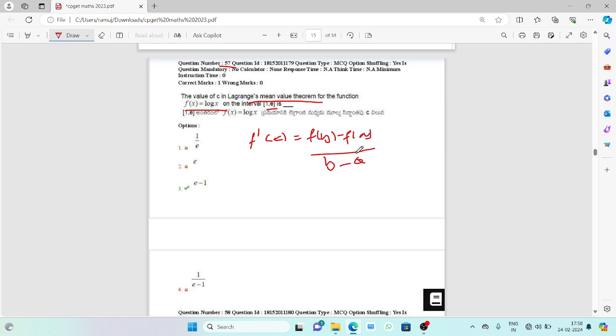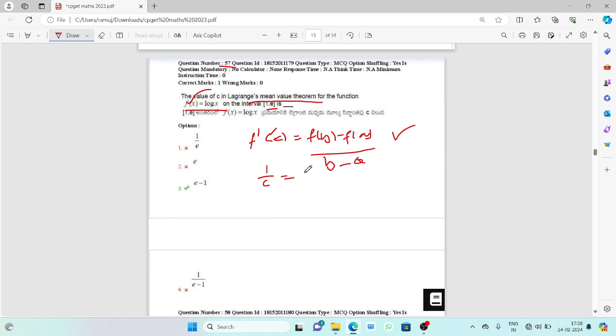We already have the f(x) value, so we just differentiate once and substitute the values from the given statement. If you differentiate f(x), we will get 1 by x, but here it is c, so we replace x with c and get 1 by c.